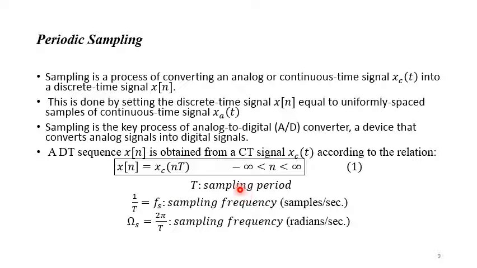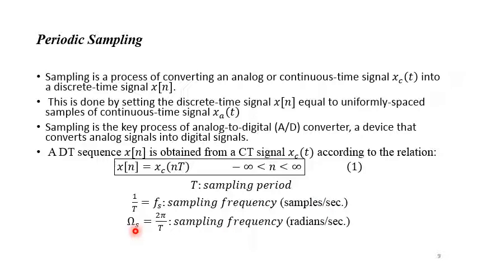The reciprocal of the sampling period is the sampling frequency fs, so fs equals 1 over T, and the unit of the sampling frequency is samples per second. So how many samples per second do you obtain?